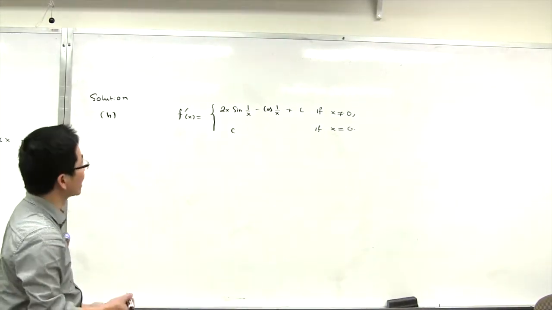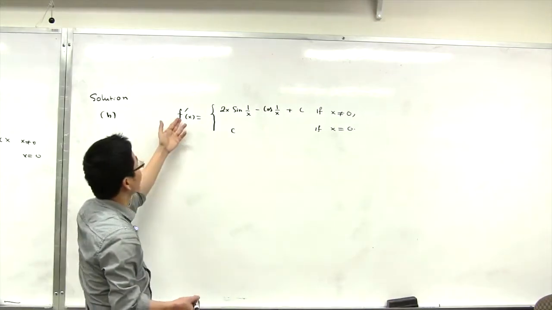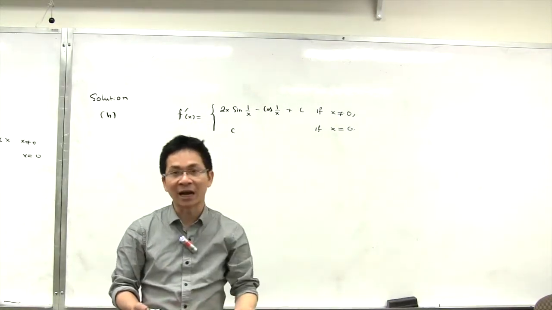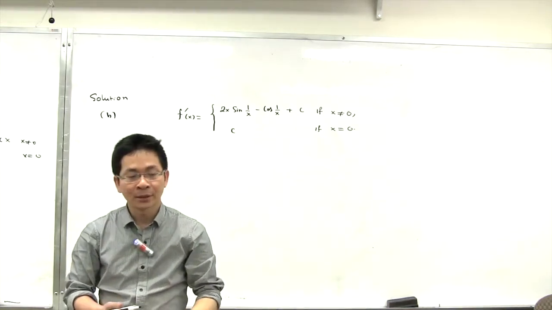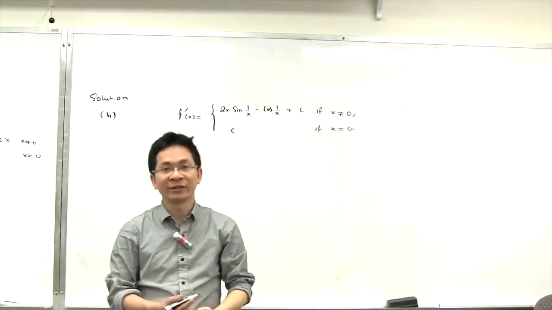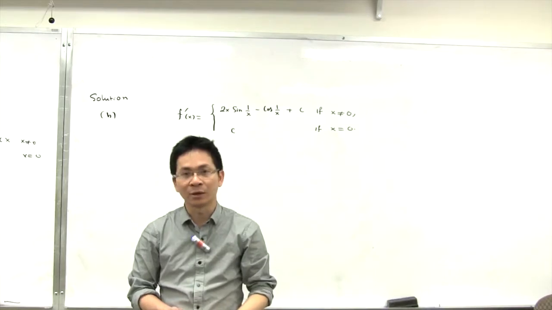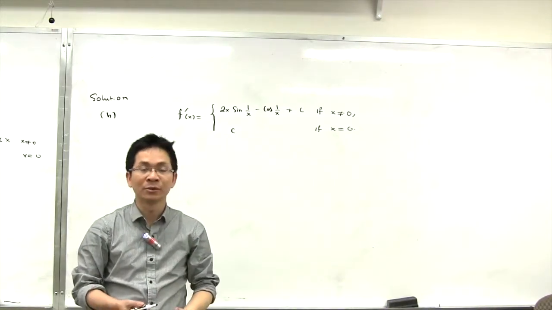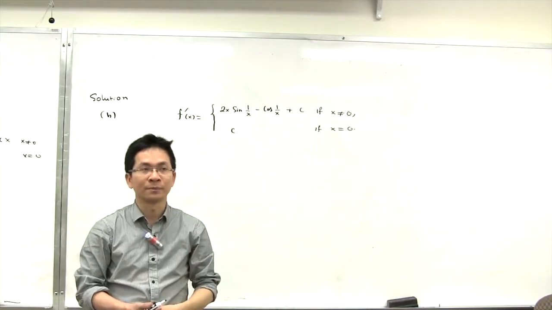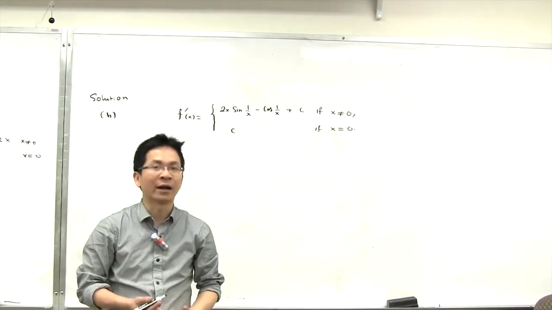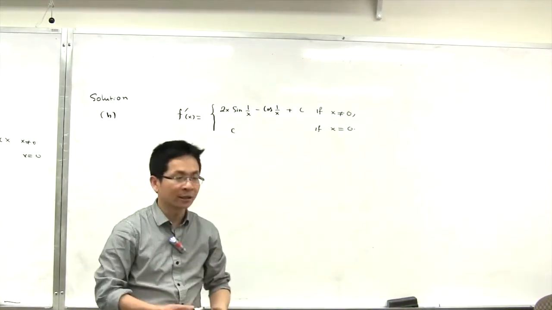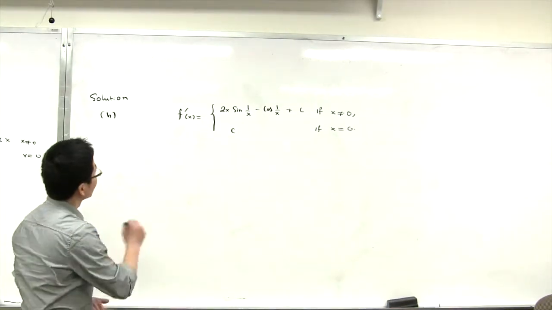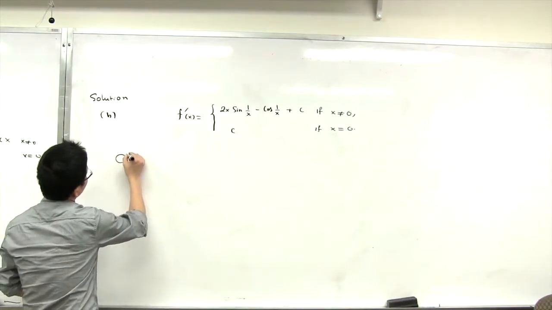We are going to show that there is some x in the interval minus alpha alpha at which the derivative function is greater than 0. And at the same time, we can also find some u in the interval minus alpha alpha at which the derivative function is less than 0.